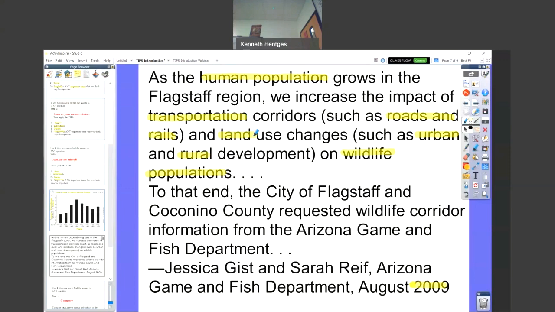Well, what about the human population? It's growing. In Flagstaff, by the way, this Flagstaff is a place, it's capitalized. Increase impact, transportation, roads, rails, land use, changes, land changes, urban, rural, development.